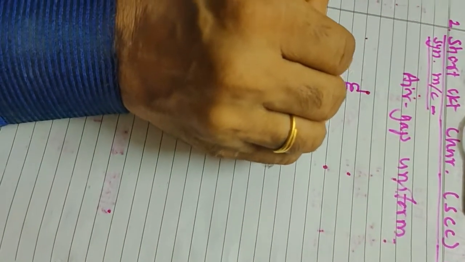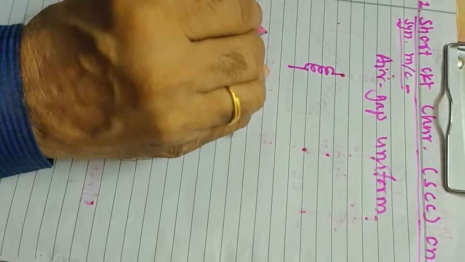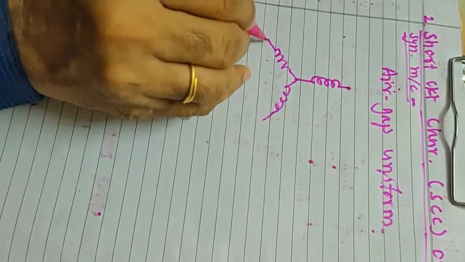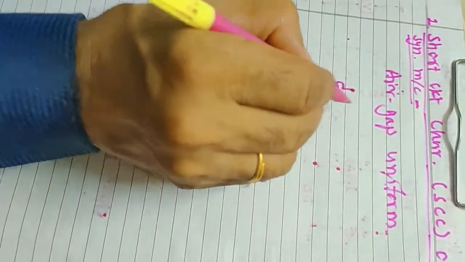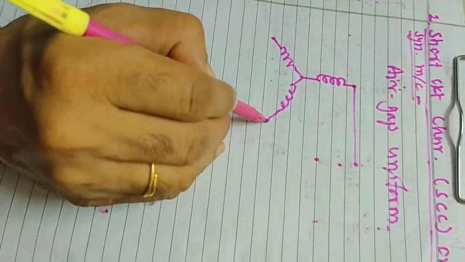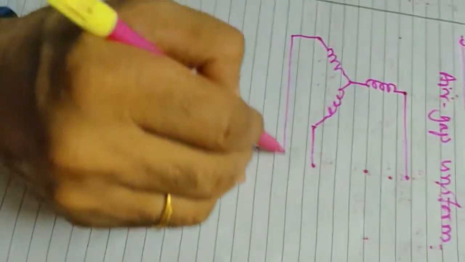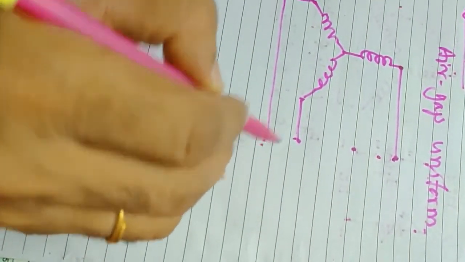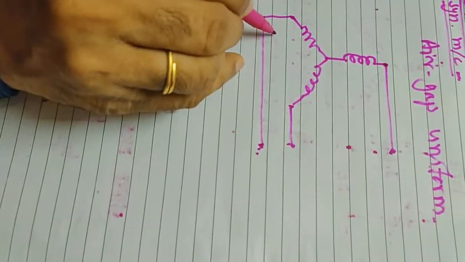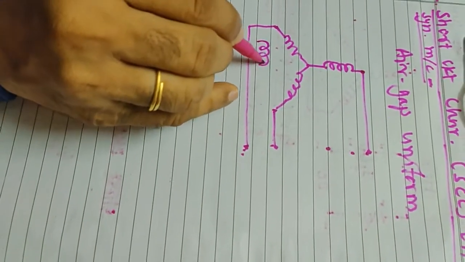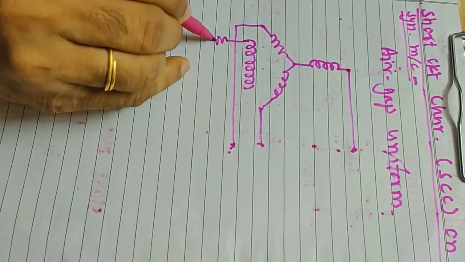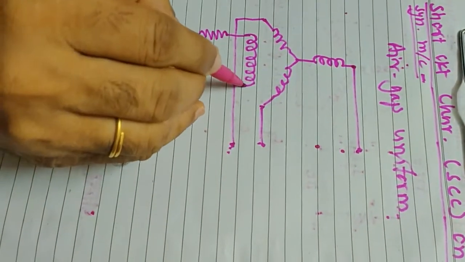This is the star connected 3-phase balanced armature winding. The armature winding terminals are RYB or ABC for the phases. These are the 3-phase terminals. This is the field winding, which we are connecting across the DC source.